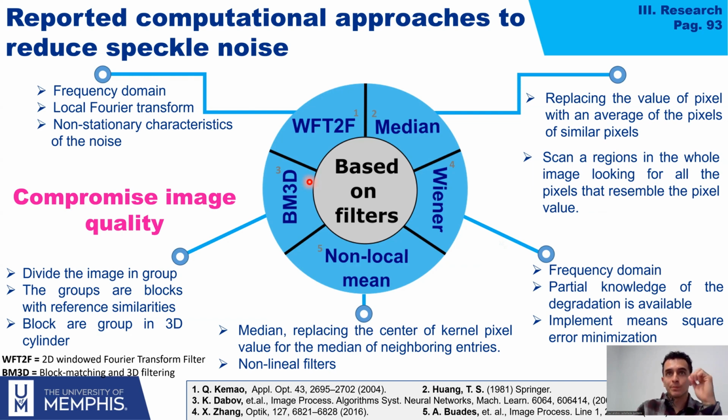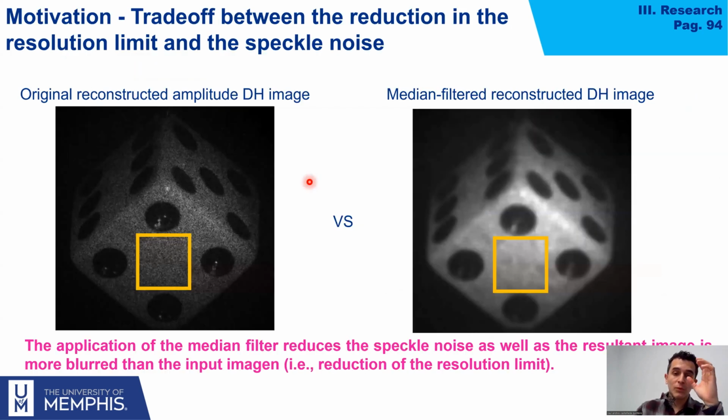So, what is the problem with these algorithms to reduce the speckle noise? The problem is that there is a limitation, because filters sometimes present a trade-off between the reduction of the speckle noise and the reduction of the quality of the image. I mean, in some cases you can reduce the speckle, but at the same time, you reduce the resolution of the image.